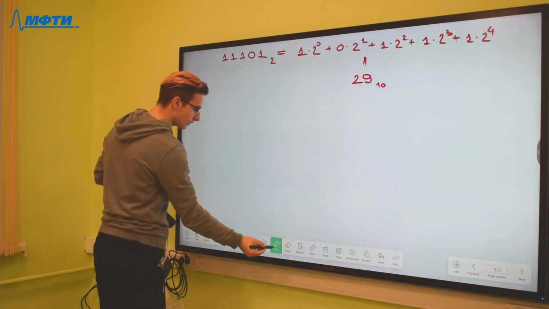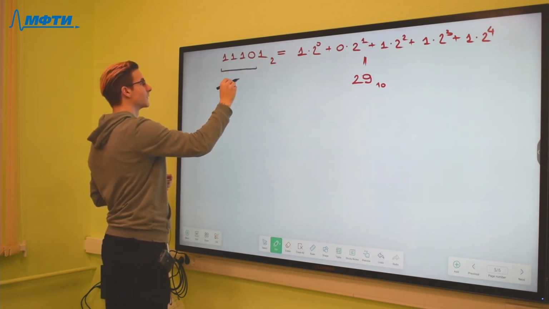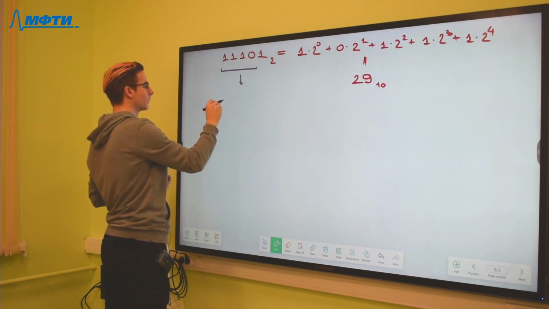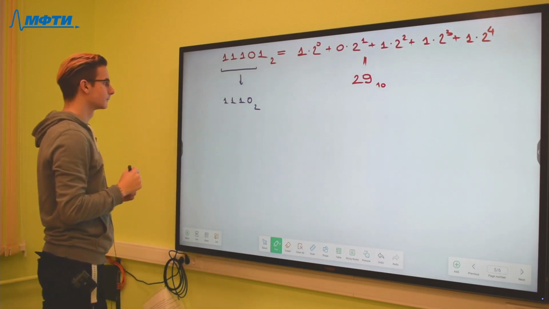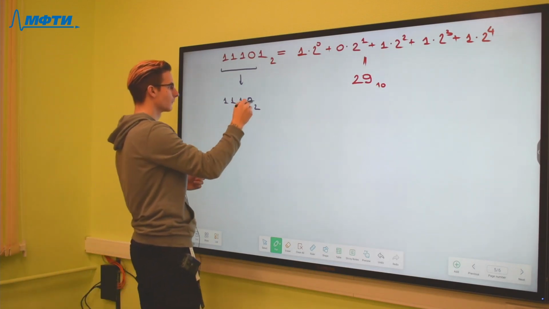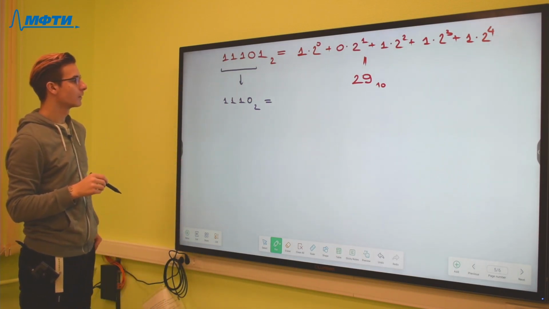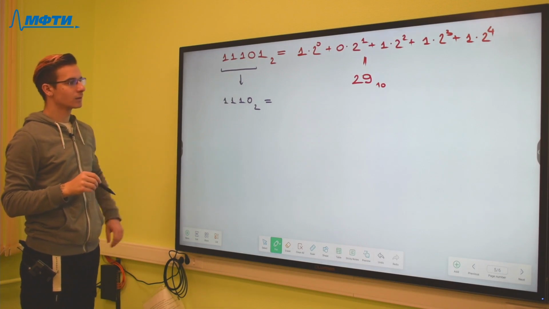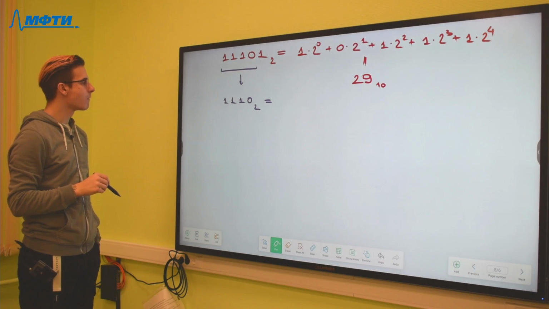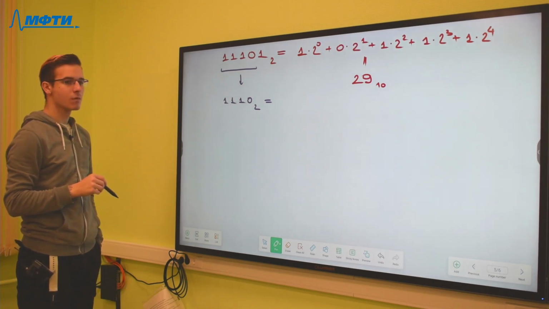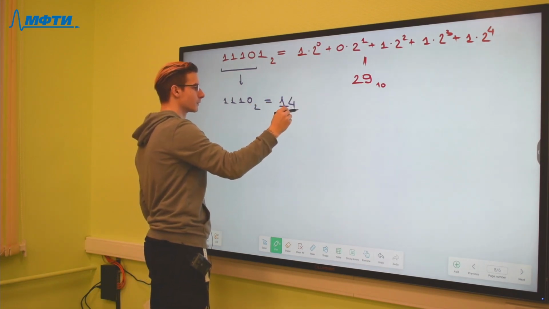And then we can see in this part, what is this number? Yeah, it is 14.